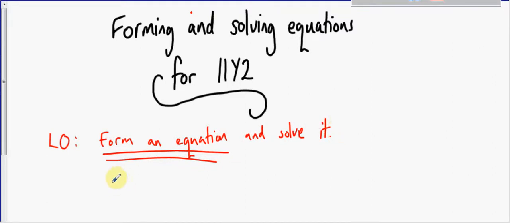Now today we're going to do a variety of problems, but we're going to particularly focus on shapes involving angles. Okay, so let's have a look at some problems.